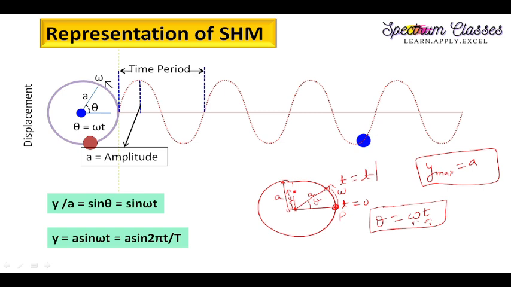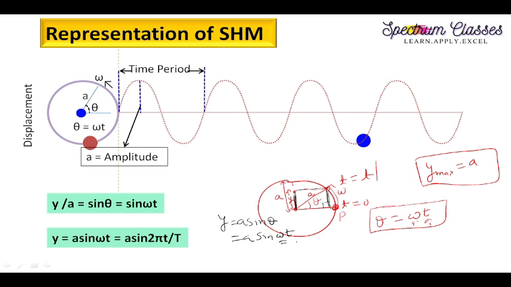If this is the angle theta, suppose we just draw a perpendicular over here, I just change the color. Say if I just draw a perpendicular over here, or you can draw it like this. So this will be the angle 90 degrees, and this will be equal to this. Fine. So in either way you can determine your y. How are you going to determine it? y is equal to A sine theta, and theta is equal to omega t, so y is equal to A sine omega t.